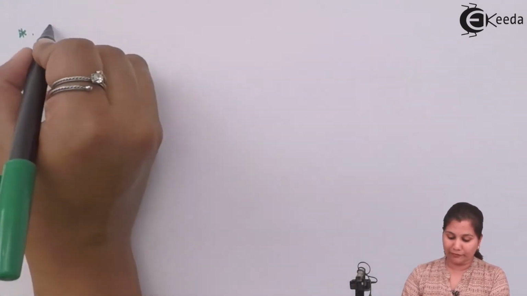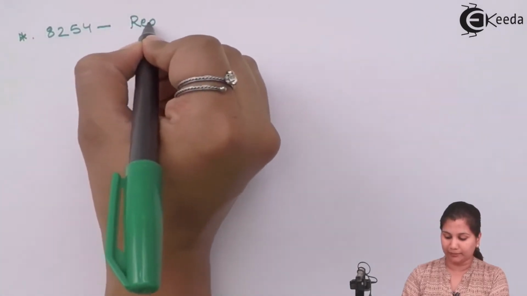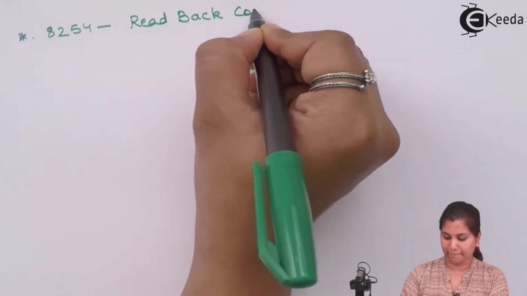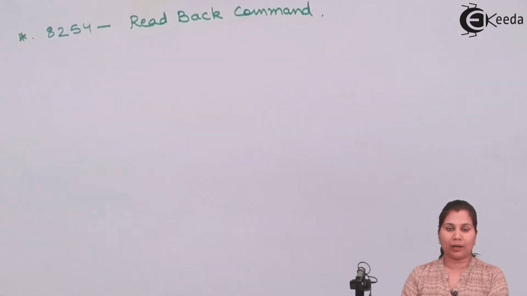Another feature of the 8253 and 8254 programmable interval timer ICs is that in the 8254 we have a command known as the read back command. In the 8253 and 8254 we have counters, and they are initialized with a count value, and when this count value becomes 0, the counter has provided that specific time delay.